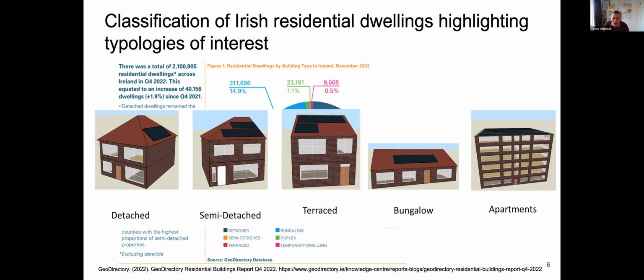Okay, so as part of our extended work at the Building Energy Informatics Lab, we've developed a series of representative archetype models. So we have, for example, on the screen here, 5 different types. I don't need to list them out, just let's pick one, for example, a detached house. What any given archetype would do is to have properties that are representative of all of the detached houses in Ireland.